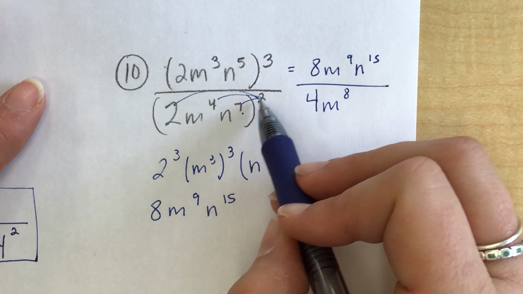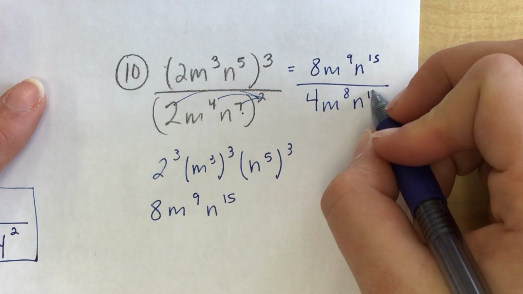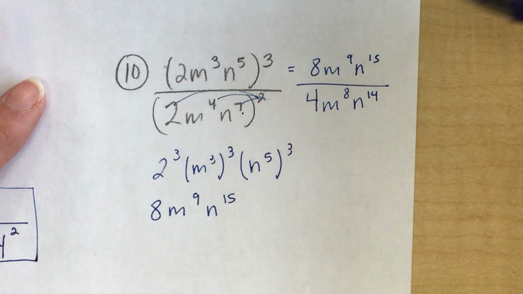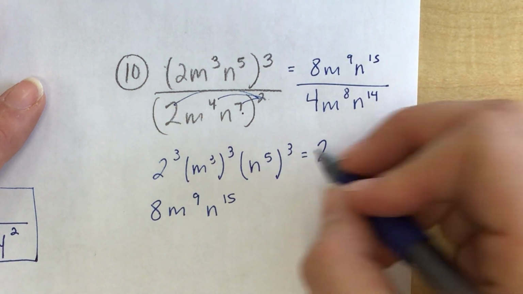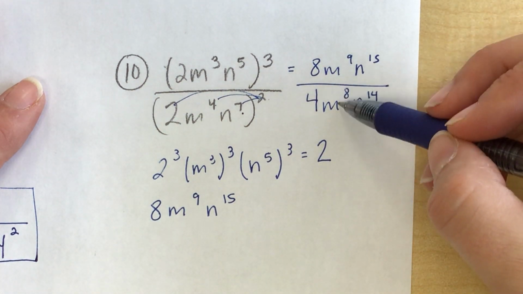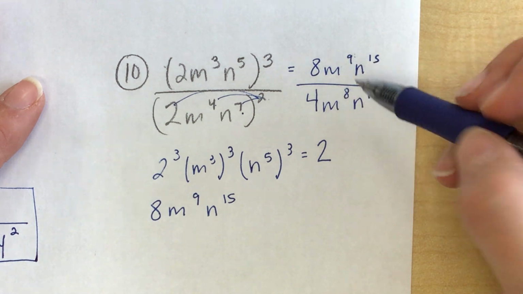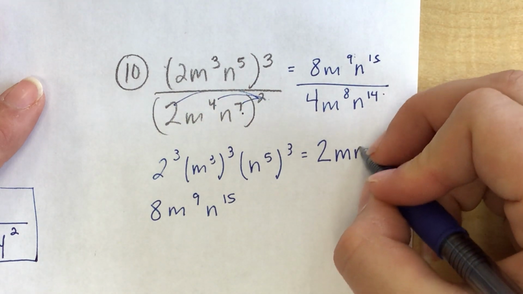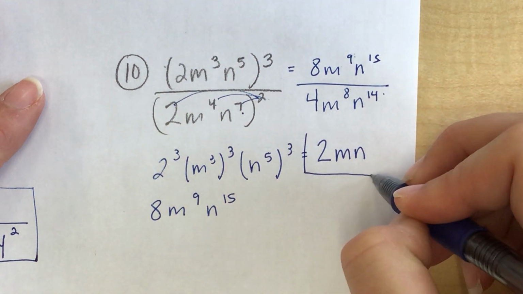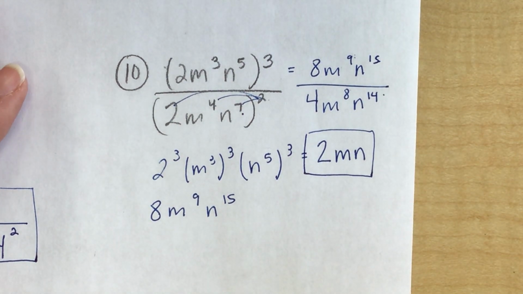And then n, 7 times 2 gives me 14. All right, so then we divide, so 8 divided by 4 gives me 2. When we're dividing, we subtract, so this leaves me with m. And then 15 minus 14 is 1, or just n. So that would be your answer.